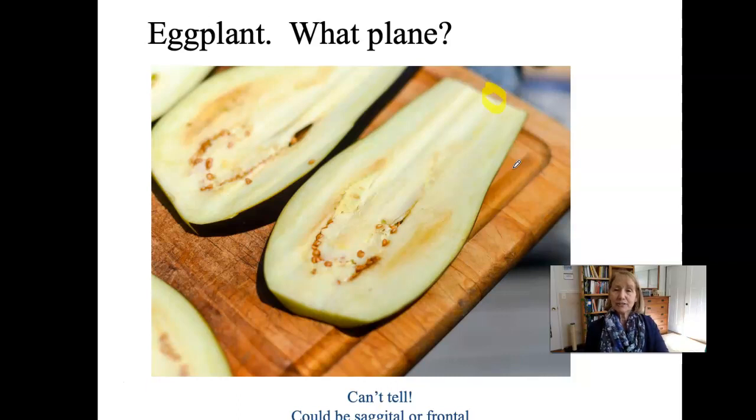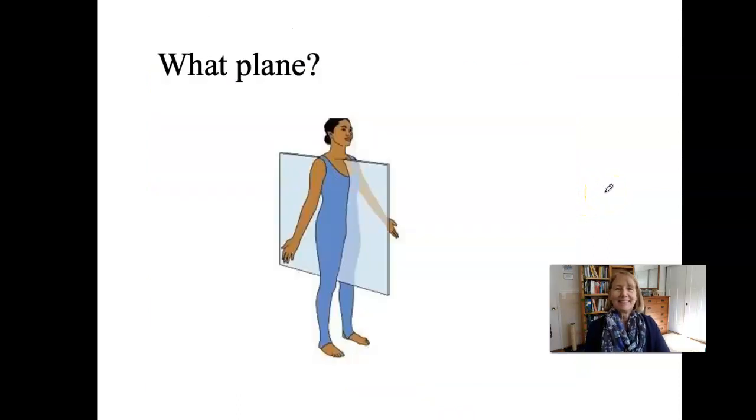It could be sagittal or frontal because it doesn't have a left or a right, correct? And if it doesn't, you just rotate it and there's no way of knowing. Tricked you again. So in this case, you wouldn't be able to say. But in this case, we should be able to say, what kind of plane is this slice happening in? Sagittal.